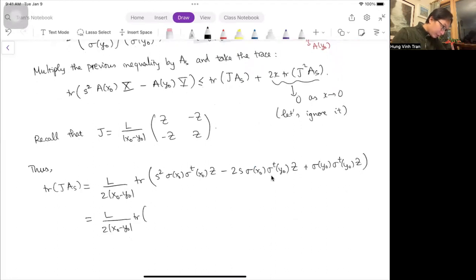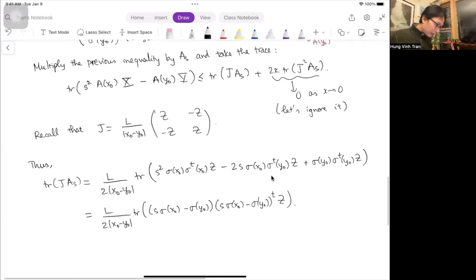It's nothing but S sigma of X naught minus sigma of Y naught times S sigma of X naught minus sigma of Y naught transpose times Z.